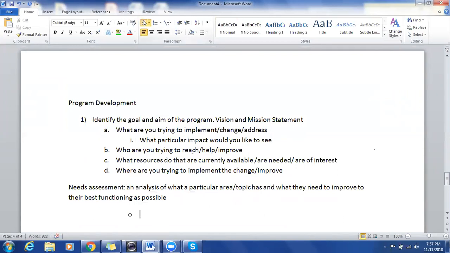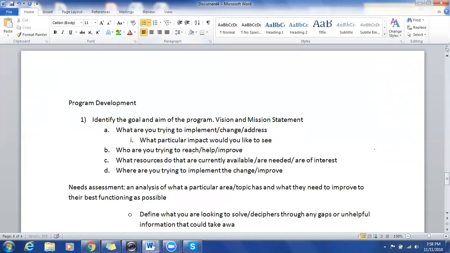So what does this needs assessment actually do? It defines what you are looking to solve / deciphers through any gaps or unhelpful information that could take away from the particular goal.